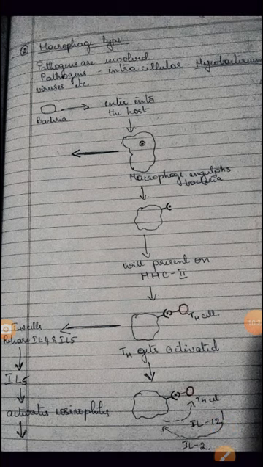Okay, now this T helper cell will get activated and it will start releasing interleukin 2. First, the T helper cell releases interleukin 12. This interleukin 12 in turn will initiate the release of interleukin 2.